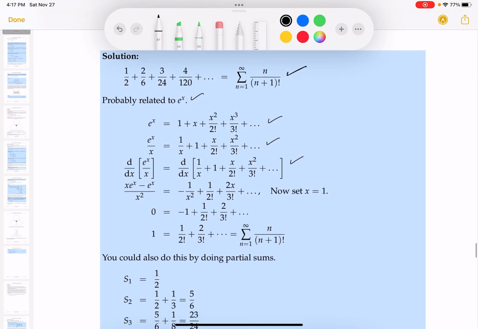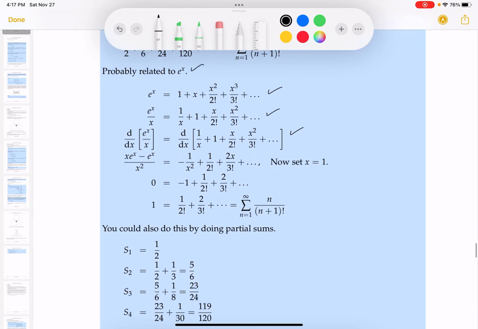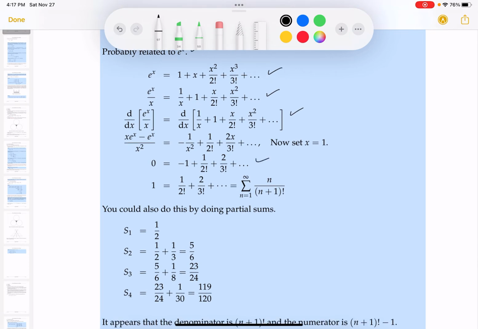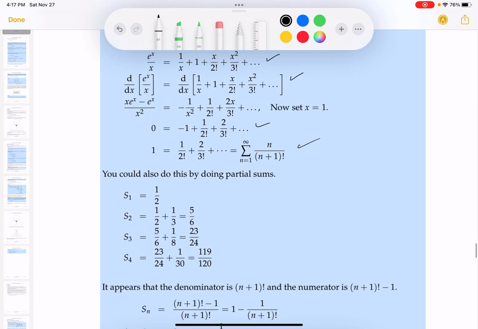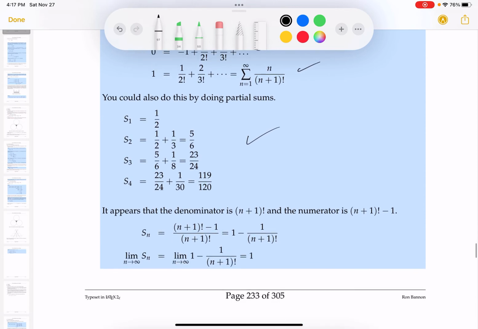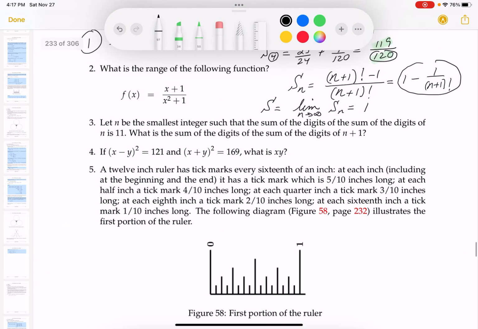It's getting it to look like what it is. It really is an e to the x, and I keep writing things down, differentiating, putting things together, yada, yada, yada, but I eventually get it. But I also did it by partial sums. I thought the partial sum is less elegant, but it does work out nicely, provided things are nice. And these are nice problems. So the sum is going to be 1.